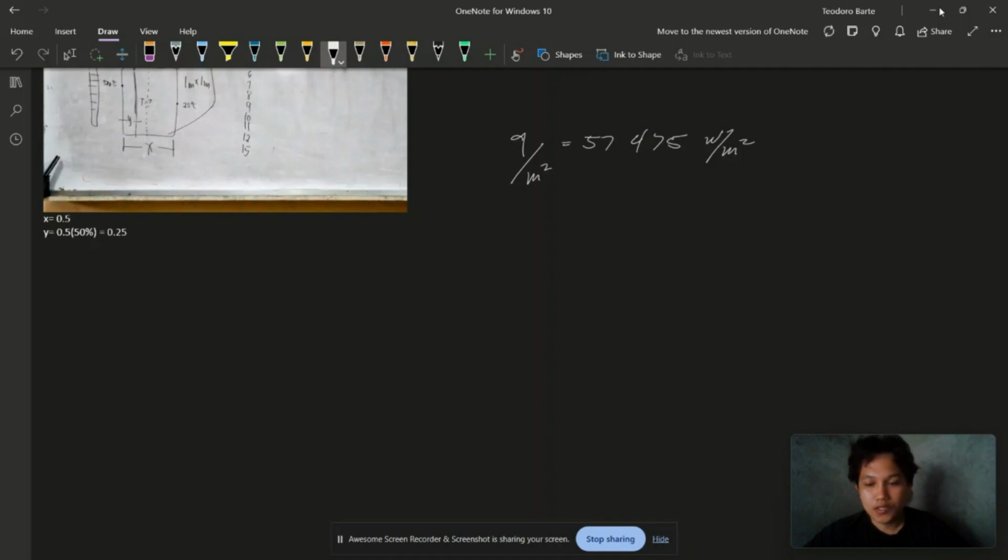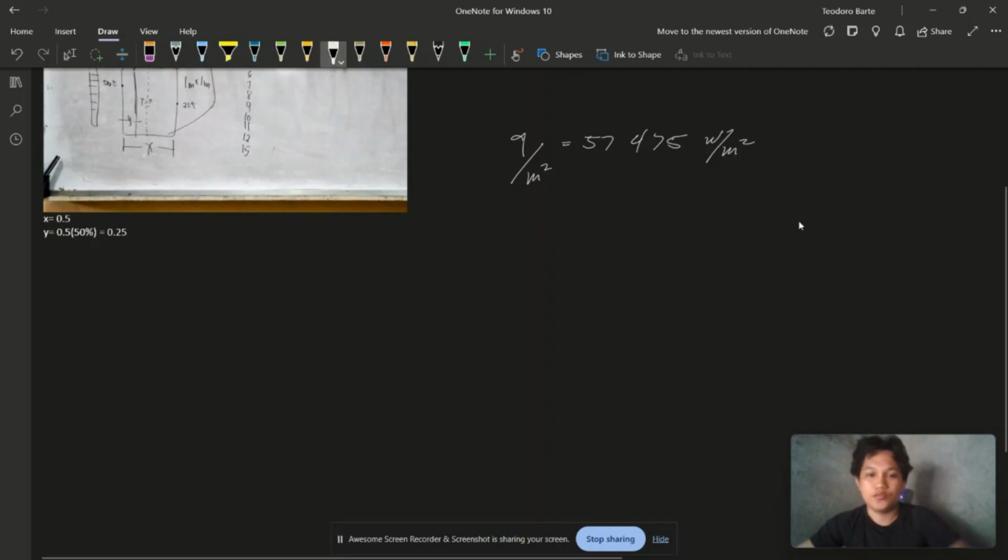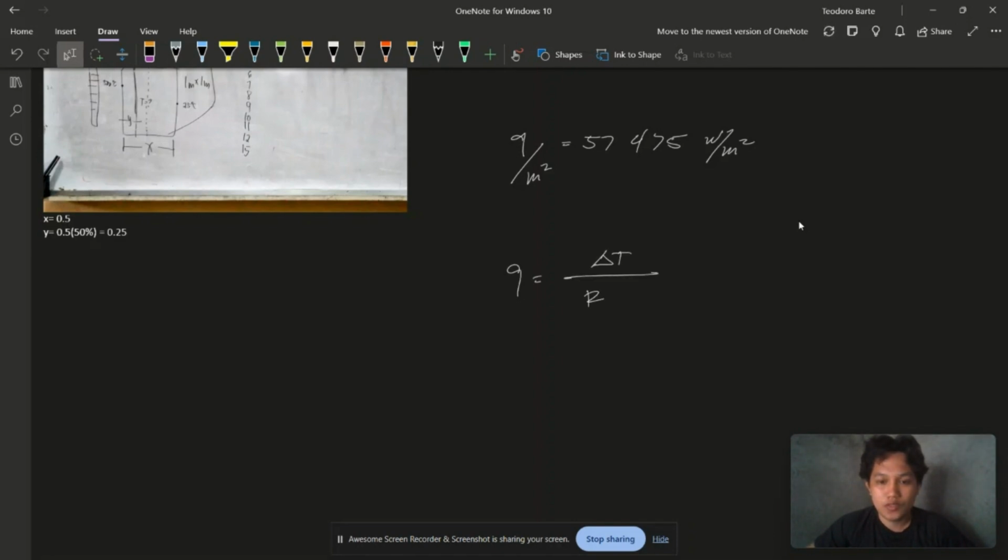I'm going to determine the temperature with the formula Q equals change in temperature over R_th, which equals T_1 minus T_A over x over the k times the area.